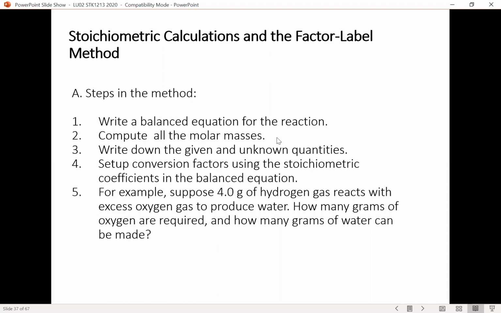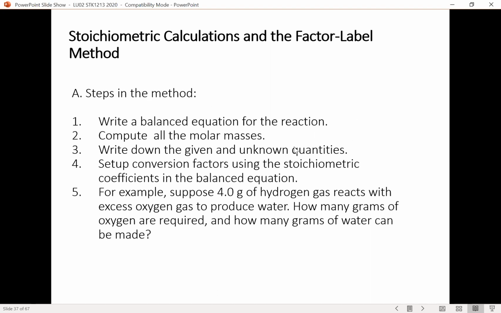Then you calculate all the molar masses of the substances involved in the reaction. For example, reactant A and reactant B react to produce product C and product D. So you have to calculate all the molar masses for A, B, C, and D. Okay.